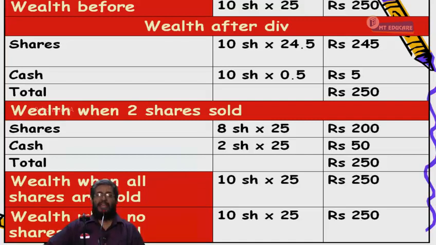However, in case of buyback, it will be taxed as, under what head will it be taxed here? Capital gains. However, under buyback, it will be taxed as capital gains in the hands of shareholders.